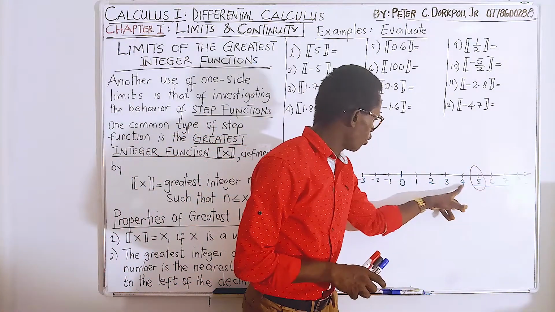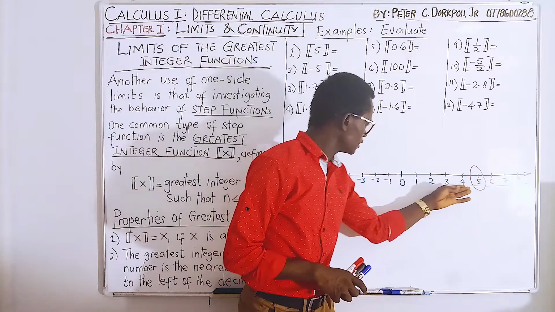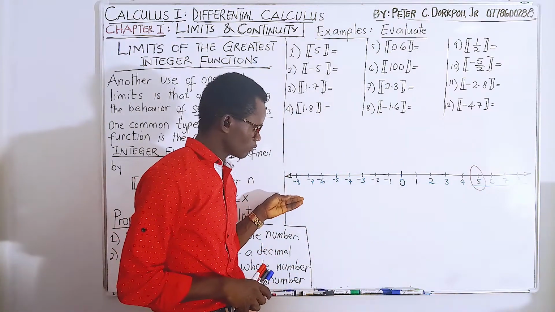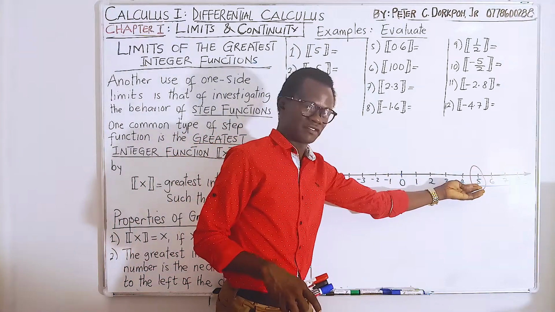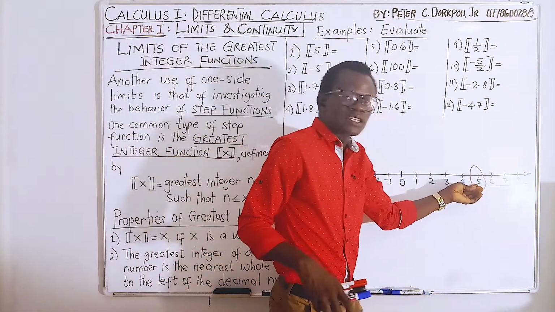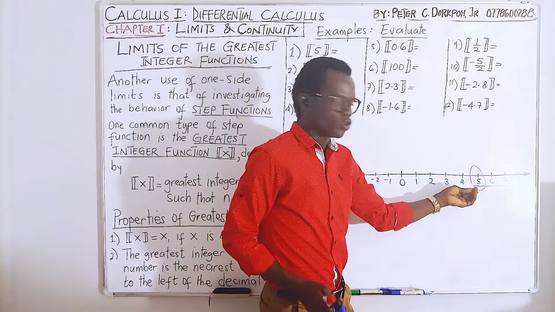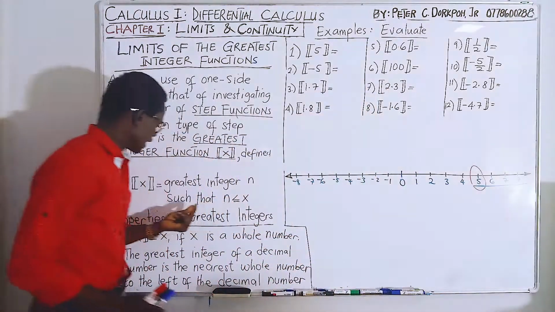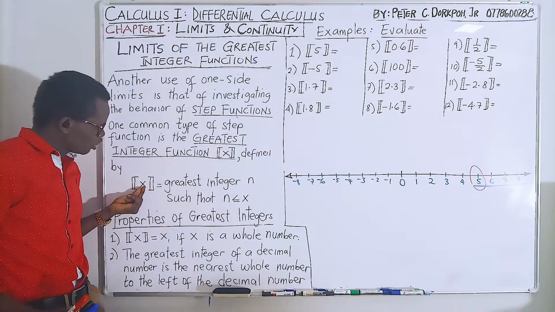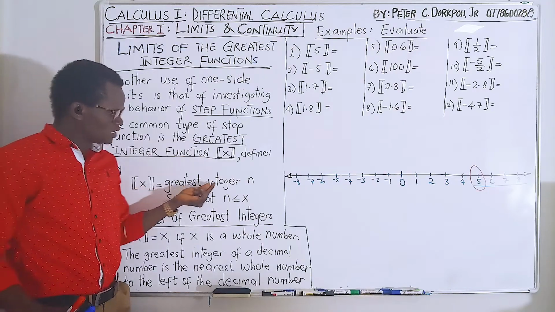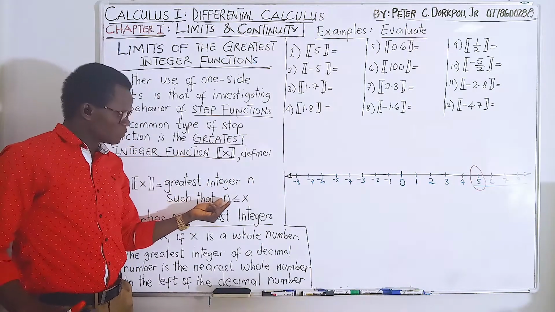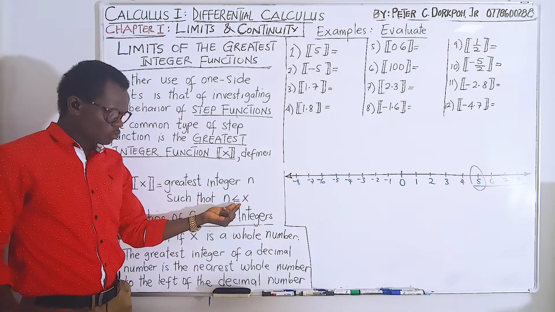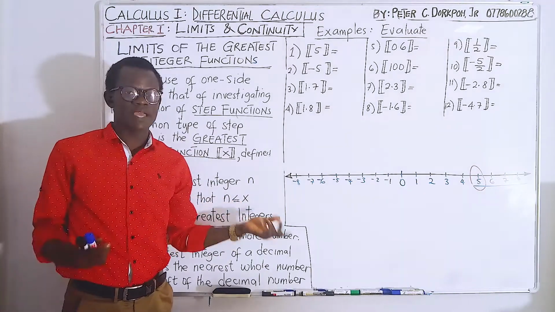So you see, 4, 3, 2, all these are integers, and they are all less than 5. But because 5 is an integer also, we can take 5, because the notation is that the greatest integer of x is the greatest integer n such that n is less than or equal to x.